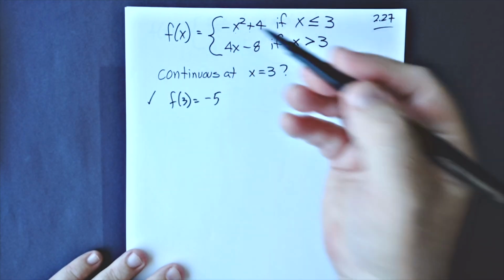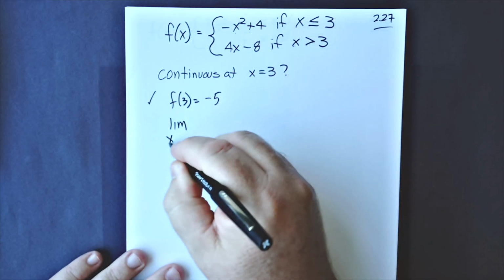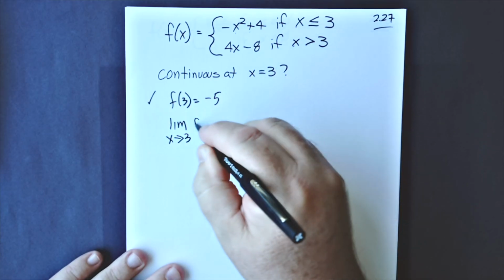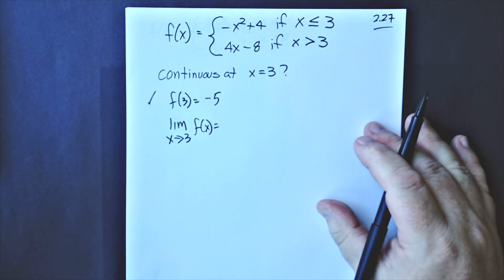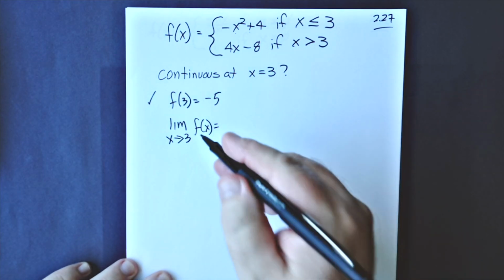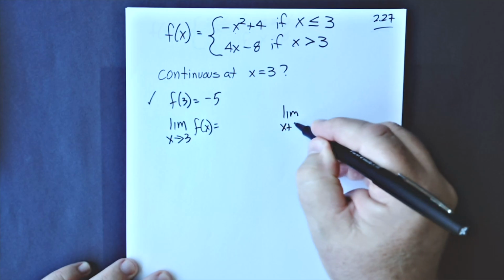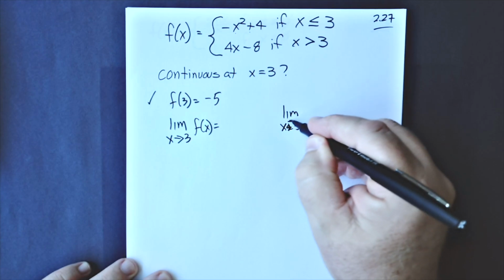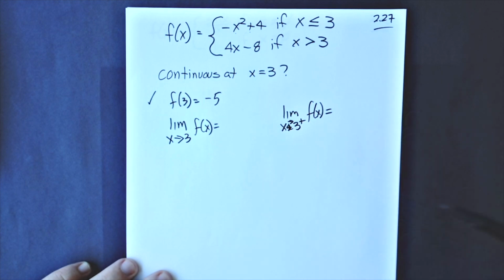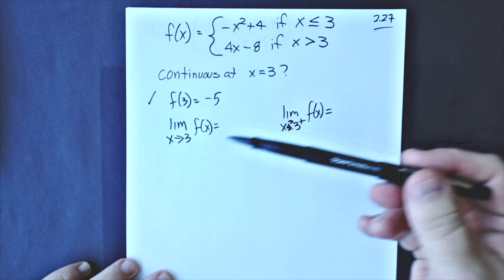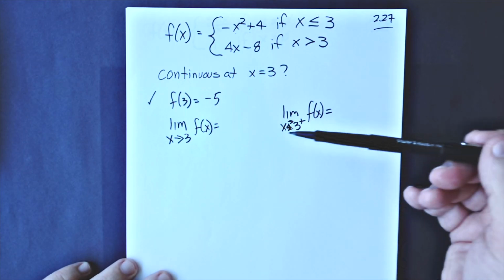Yes, it exists. So the next thing we need to do is check the limit as x approaches 3 of our function. In order to do this, we need to do our two one-sided limits. Let's look at our function as we're coming from the right side, meaning our x values are larger than 3, approaching 3.